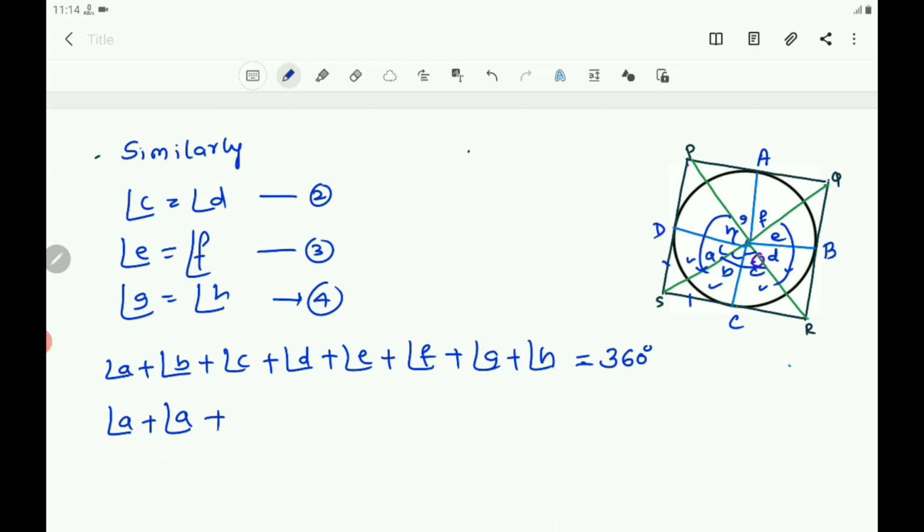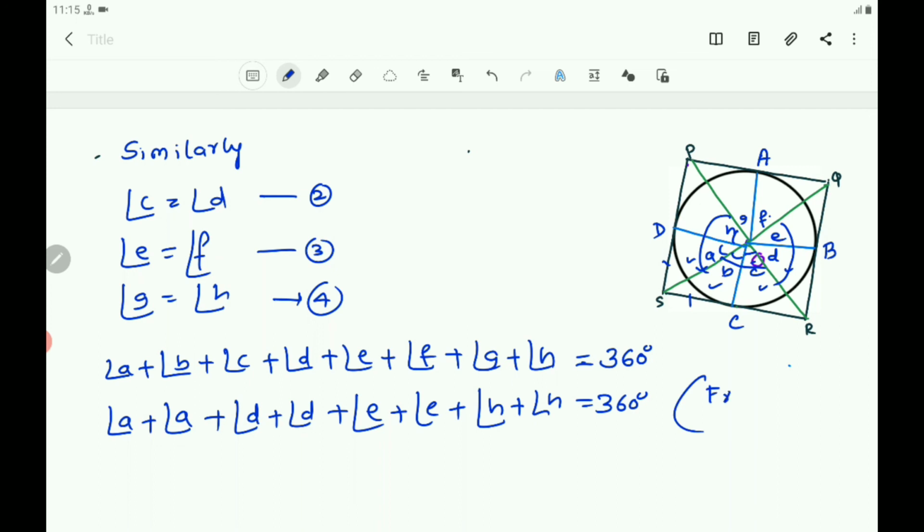D is required, so you write angle D, angle D, plus angle E, angle E. Angle G is there, angle H is there, you require angle H, so you write H, H. So you get that equals 360 degrees. Then from first, second, third, fourth, you got angle A, angle A, angle D, angle D, angle E, angle E, angle H, angle H, that you have proved here.